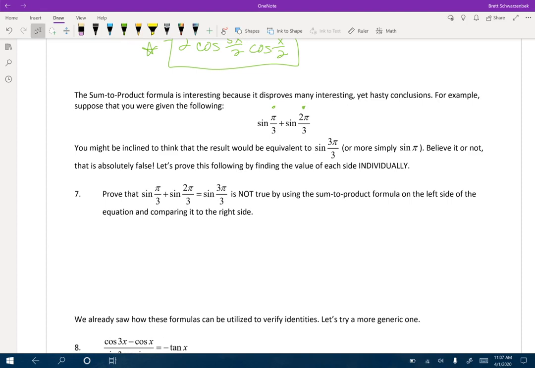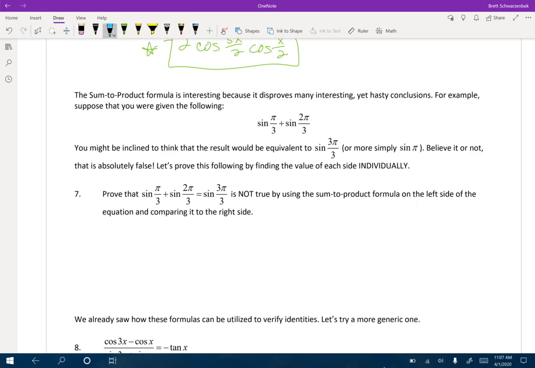For example, a student might look at the sine of pi over 3 plus sine of 2 pi over 3 and say, oh, that's got to be equal to the sine of 3 pi over 3, right? Well, as you know, you cannot take these expressions and add these angles. That is illegal, so this is absolutely not going to be true. But why not prove that using our formulas as ammo to do so? Why not, right?